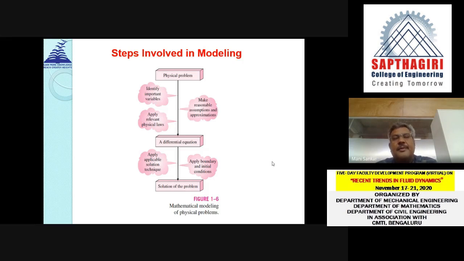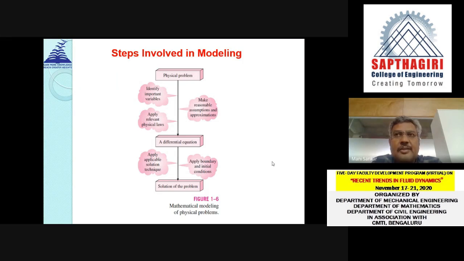And then you see the complexity of the problem. If the mathematical equation can be solved in its original form, well and good. Otherwise, you make some reasonable assumptions and approximations to reduce it to a situation where the problem can be solved. So we assume that the mathematical modeling reduces to a differential equation. Once we have a differential equation, we need to look at its behavior, and based on that behavior, we choose a solution technique.